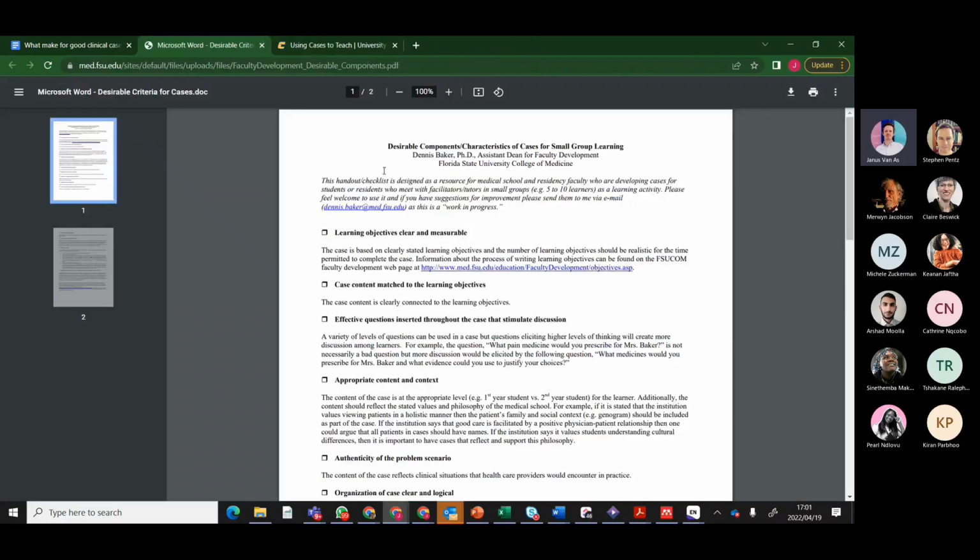And then this one, which was quite interesting, around a checklist for the characteristics of cases for small group learning. Okay, that's it from me.